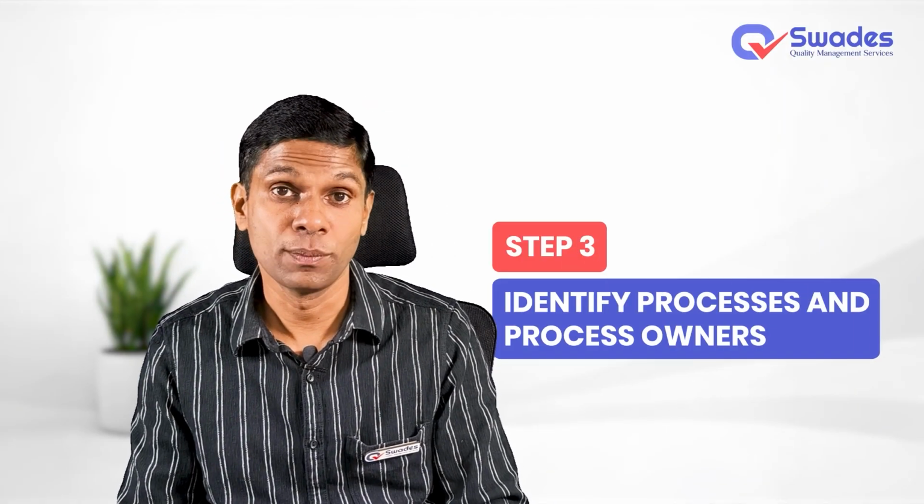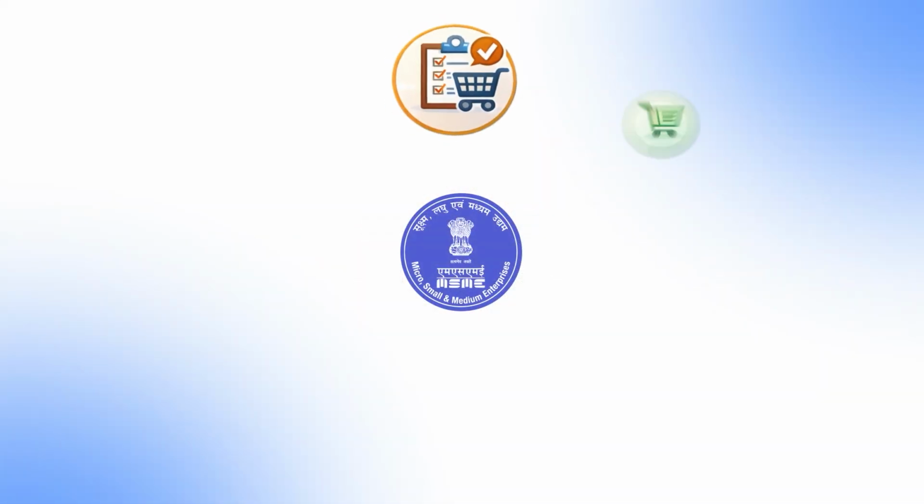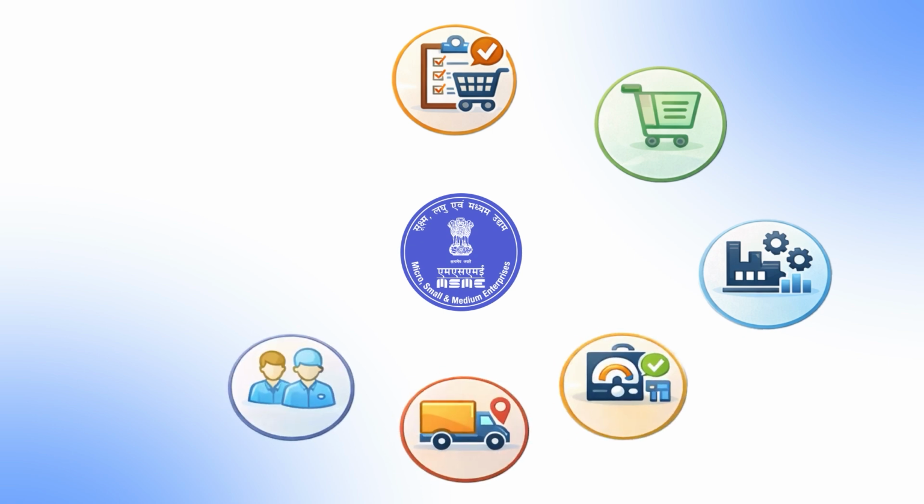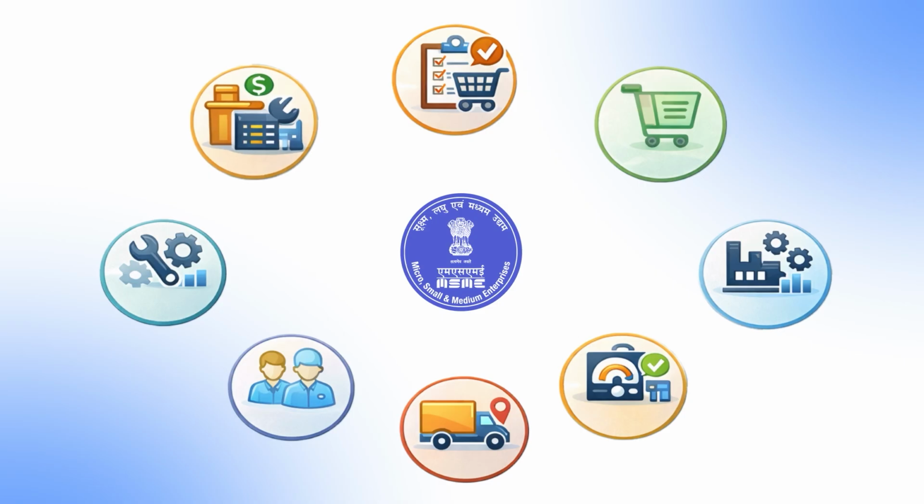Step 3. Identify processes and process owners. ISO runs on processes. So, step 3 is list your key processes. Typical MSME processes: customer order handling, purchasing, production or service delivery, quality checks, dispatch, HR and training, maintenance, calibration.